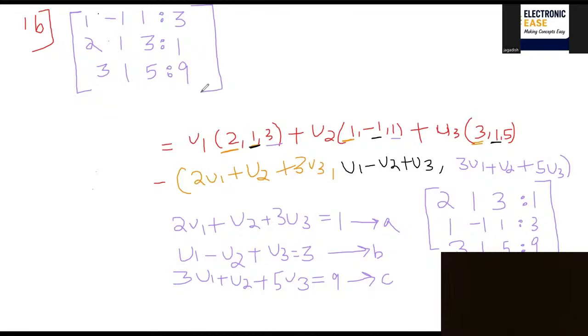Okay, children. R1 changing to R2. If you change rows, there will be no change in sign for matrices. Only for determinants there will be a change.